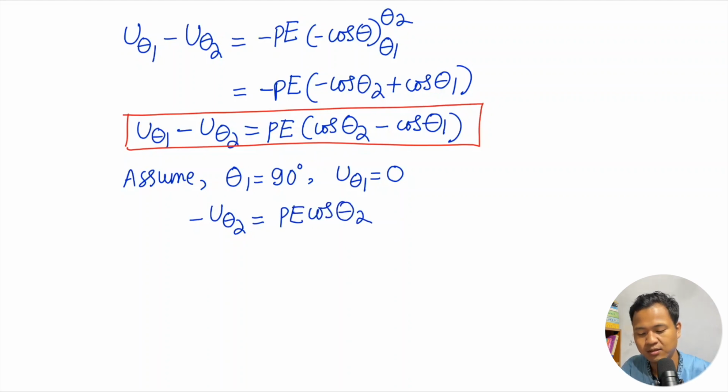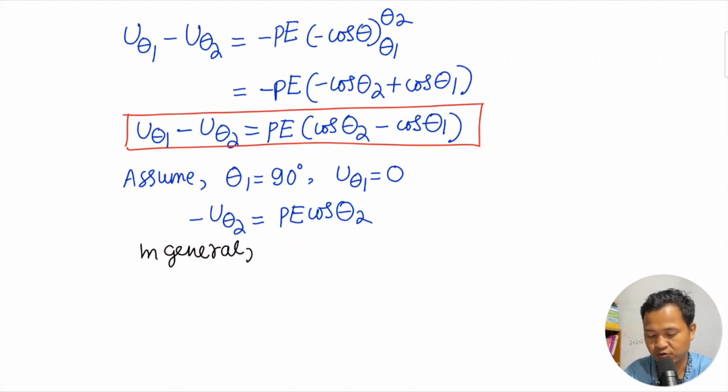Or in general, when you rotate the dipole by angle theta, whatever work is done by the electrostatic force will be stored as potential energy of the dipole. So for rotating by angle theta, the potential energy will be minus PE cos theta.